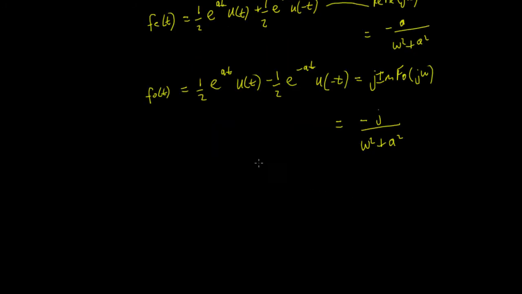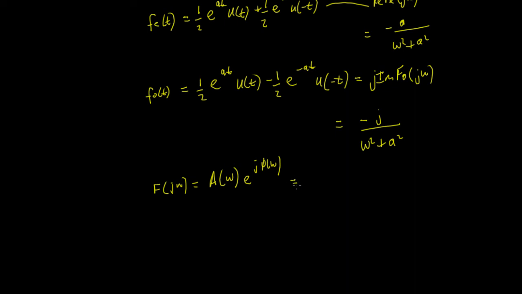Okay, and finally you can write that there as F of j omega equals a final magnitude. So if you were to add them together vectorially, with e to the j phi of omega, you would get a real and imaginary part.